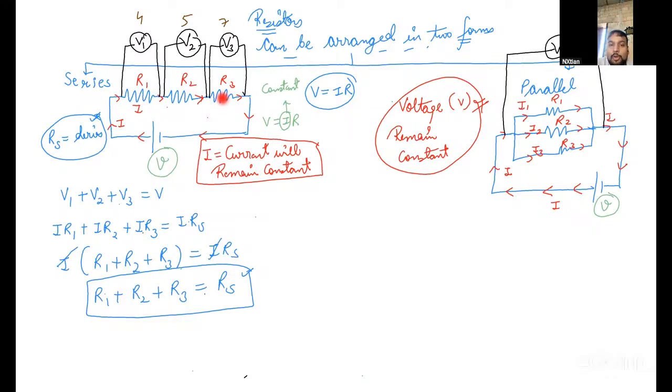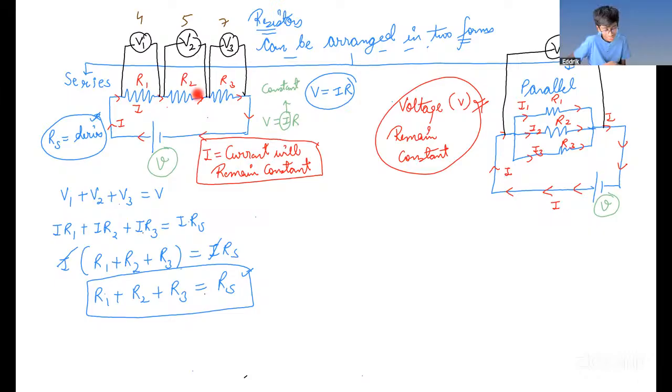So 20 ohm is the total resistance. Did you understand, guys? Yes, sir. The total resistance will be R1 plus R2 plus R3, only if they are arranged in series. And if they are arranged in parallel, we will find it out in the next class.